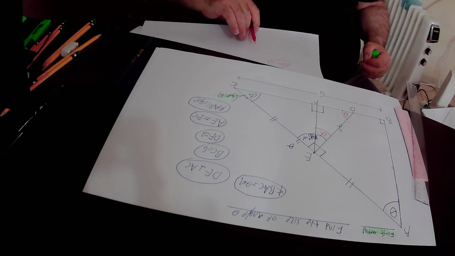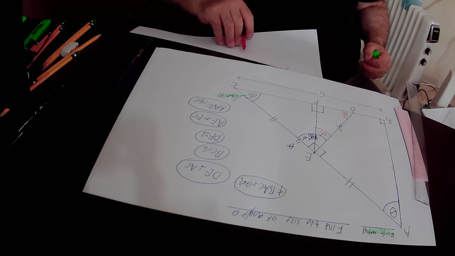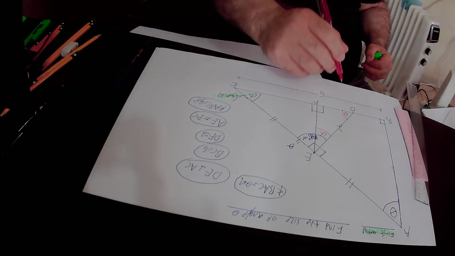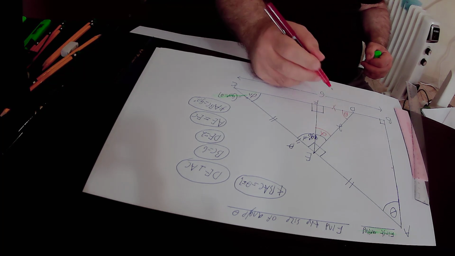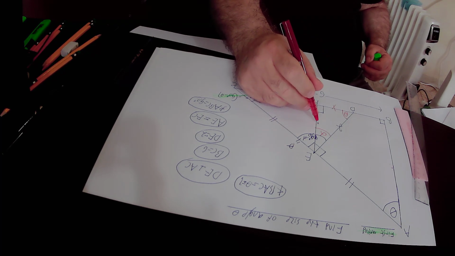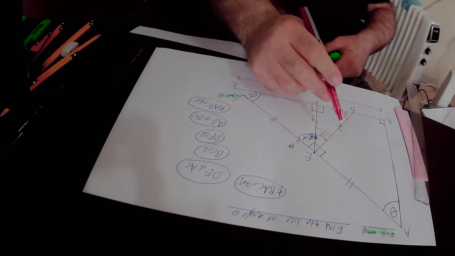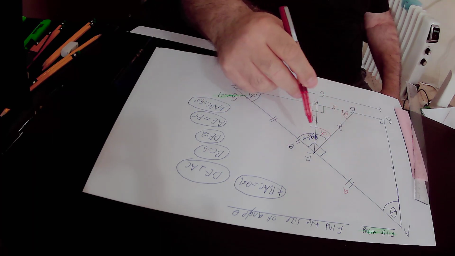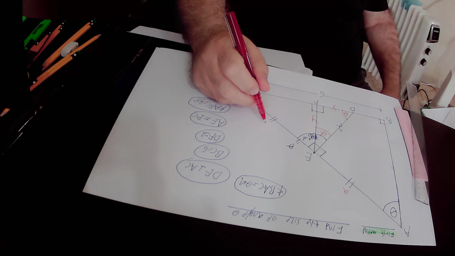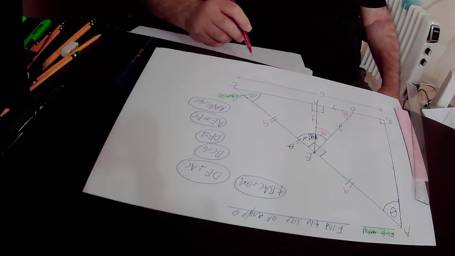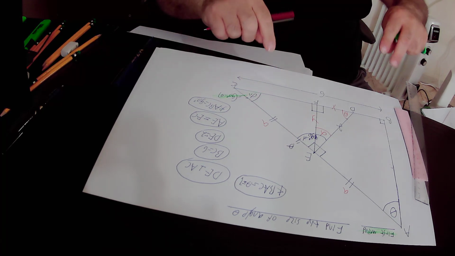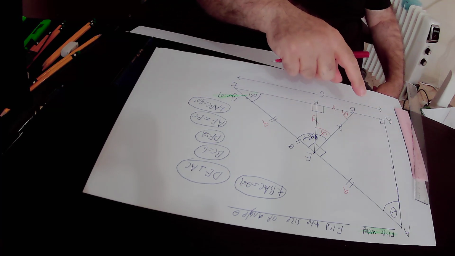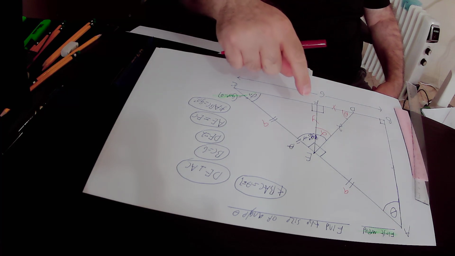And we will define DF as X, we will define FE as Y, we will define AE as A, and because AE equals EC, EC will also be equal to A. And we will prove that triangle ABC, the big right triangle, is similar to triangle EFC.